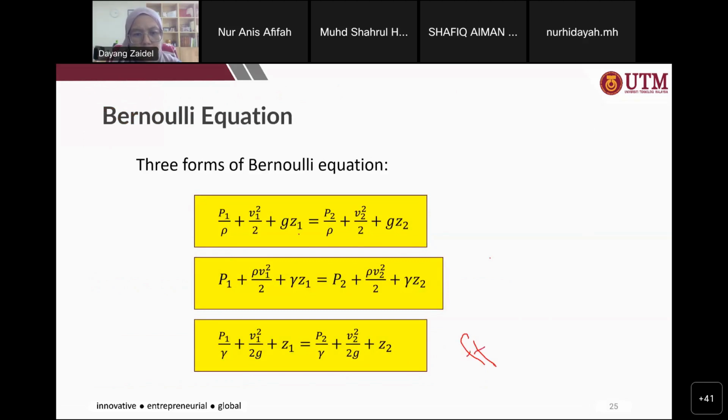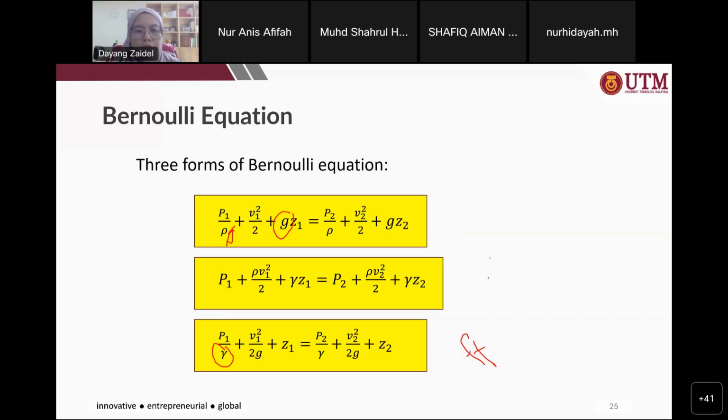But for this one, there's no gravity here. Gamma is rho g, so there should be gravity over here if it's rho. So when you multiply by g, the unit will be feet squared over second squared.